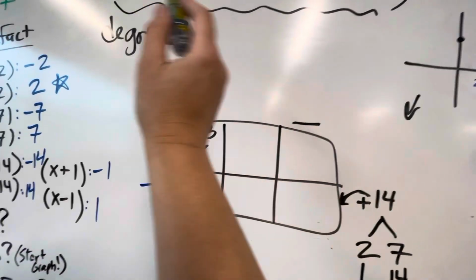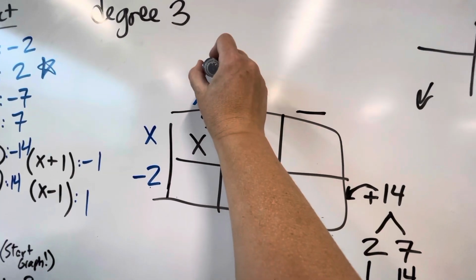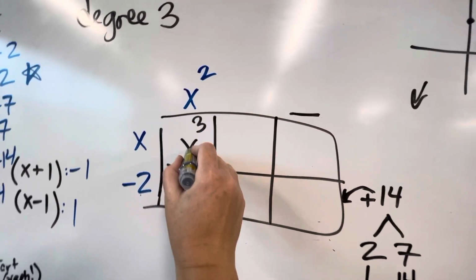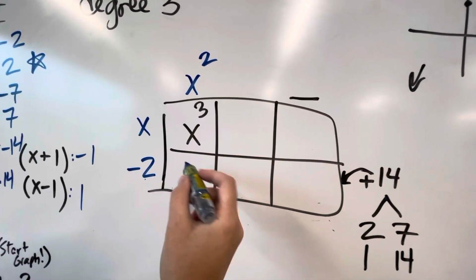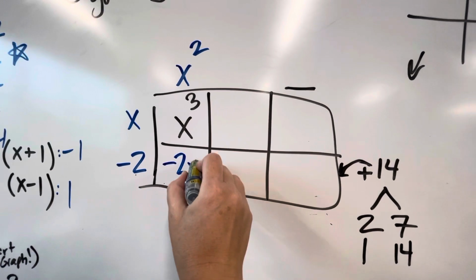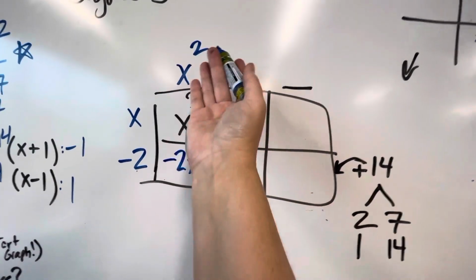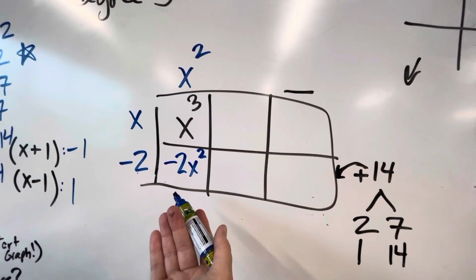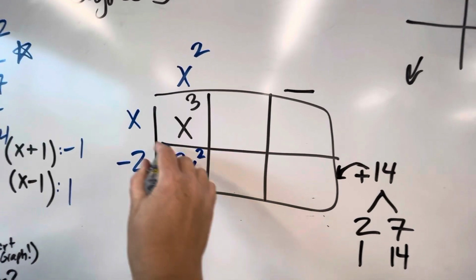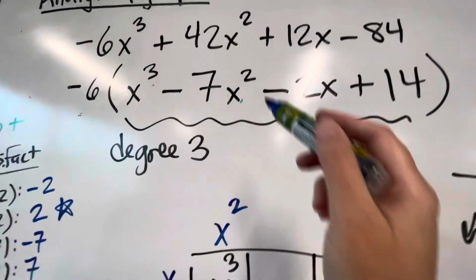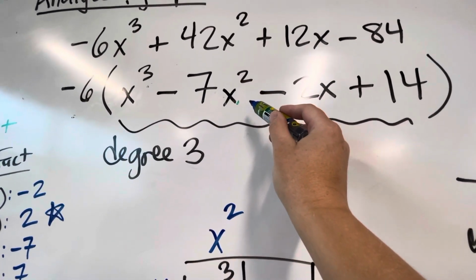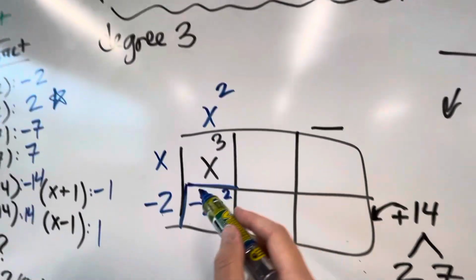I wanted x cubed, so x squared times x gives me the x cubed. And I get x squared times -2, giving -2x squared, because I'm finding the area, so I take the width times the height. Now I want -7x squared, and I have -2.